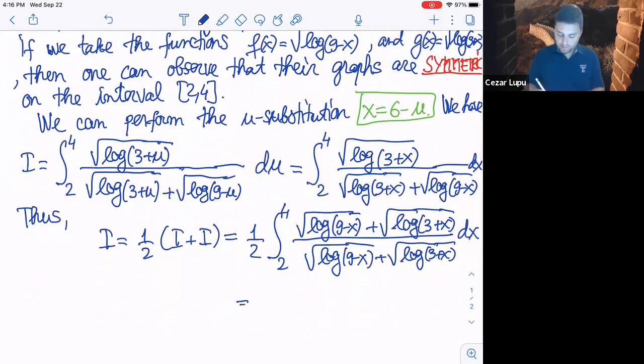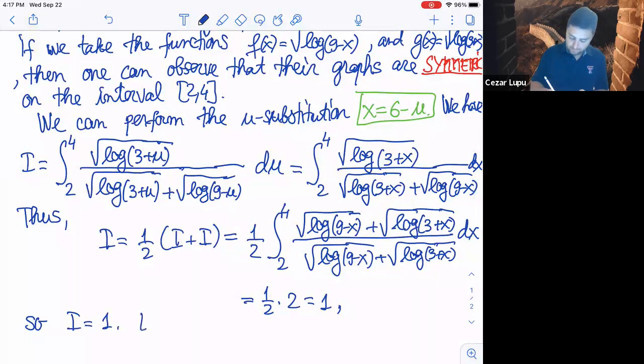Great. But this integral will be 1/2 times 2, which is 1. So our integral is 1. That's it. Pretty easy exercise, very standard.